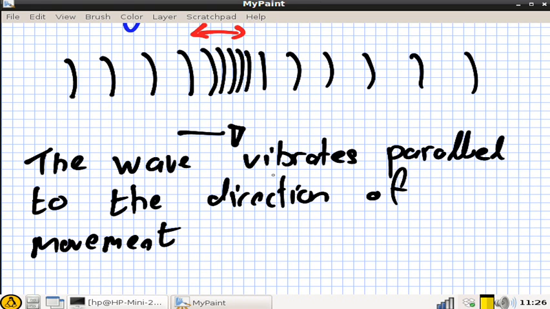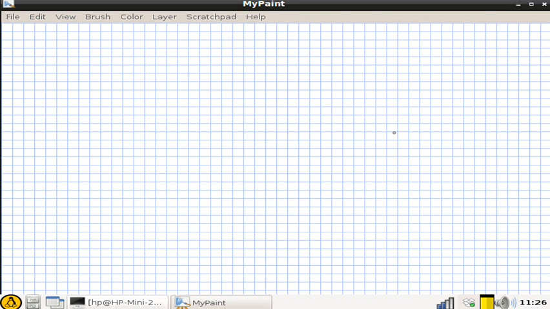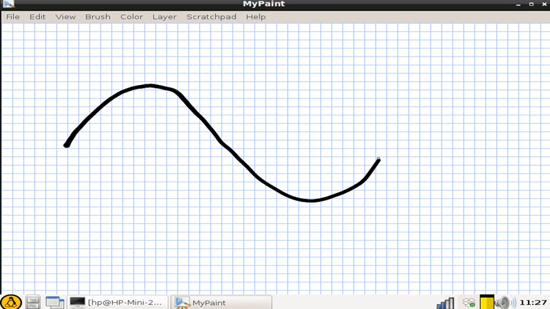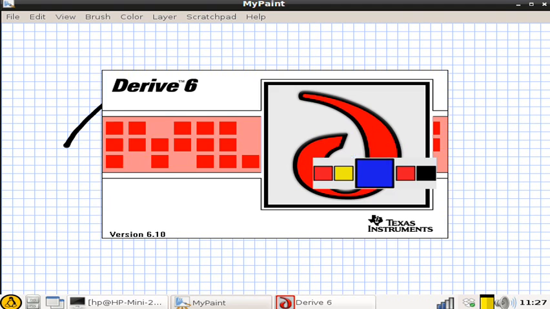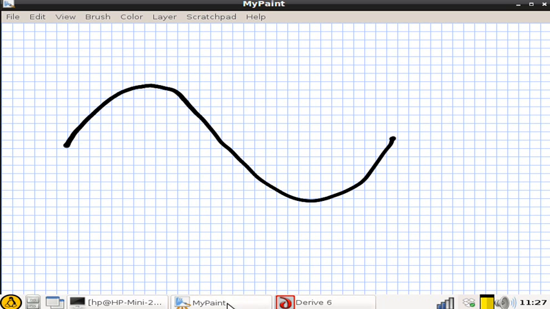Okay, so the wave again is moving that way, but this time it's vibrating. Ooh, this is perfect. This gives me a chance to use my video. I can demonstrate it with my hand.